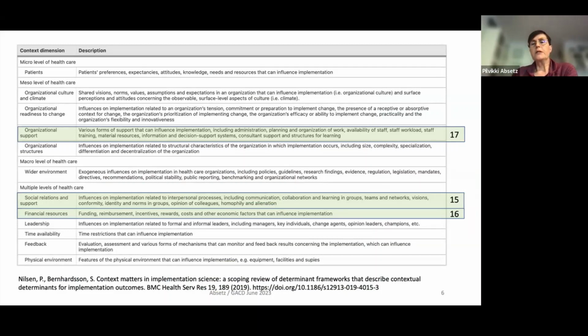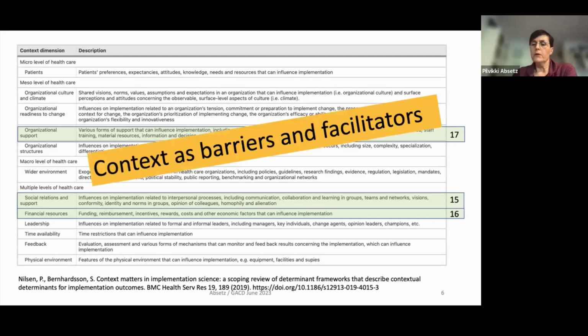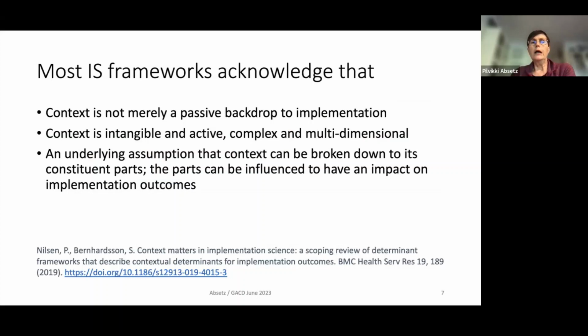And you can see that there is quite a bit of overlap between the different models. So all 17 shared an organizational support component, and then financial resources, social relations and support were also quite common. But how they looked at context was really as barriers and facilitators of implementation.